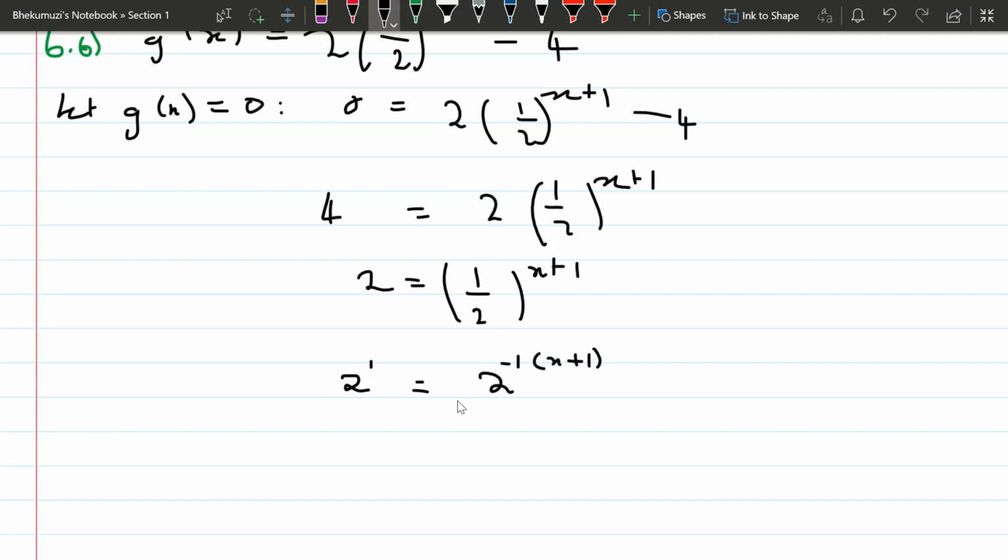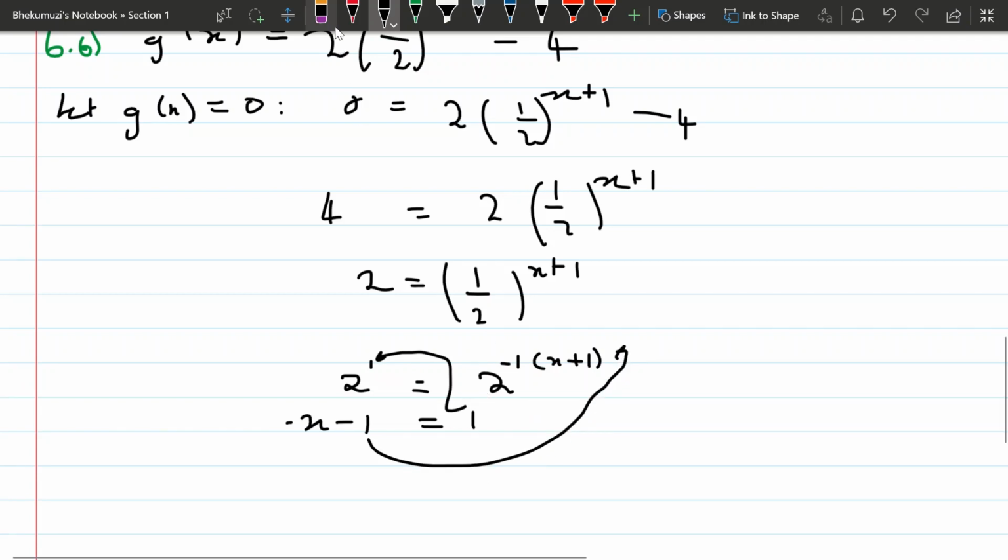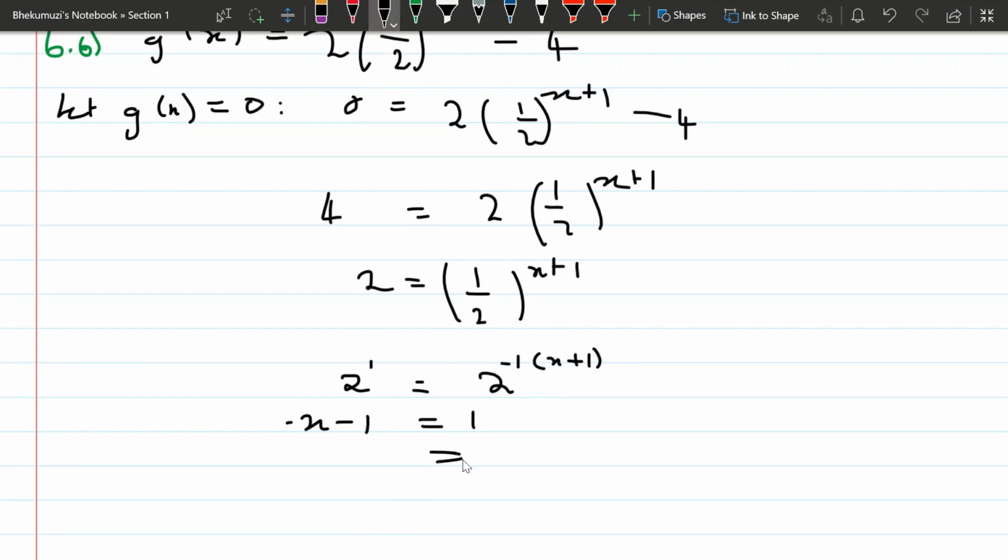Once we bring down everything, we find that it will be minus x minus 1 is equal to 1. And remember where this 1 comes from: this 1 comes from this exponent, and this minus x minus 1 comes from there. So that's quite clear. Now we just solve for x, and solving for x in this case is quite straightforward. So x would be equal to negative 2.